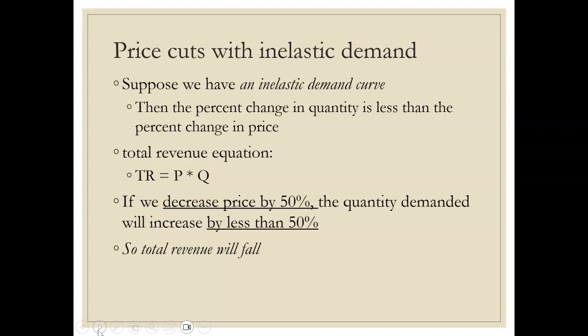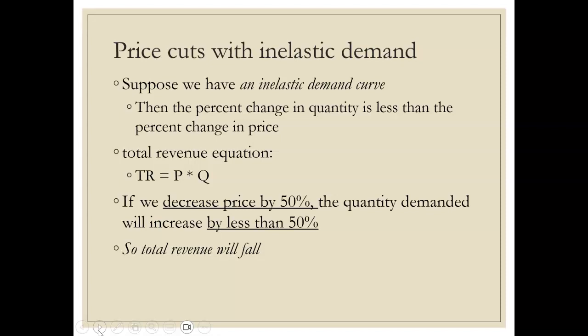Price times quantity. That means that when we decrease prices by 50%, the quantity demanded will increase by less than 50%. Remember, by the law of demand, the two things go in opposite directions. We're decreasing price, so we're increasing quantity sold.